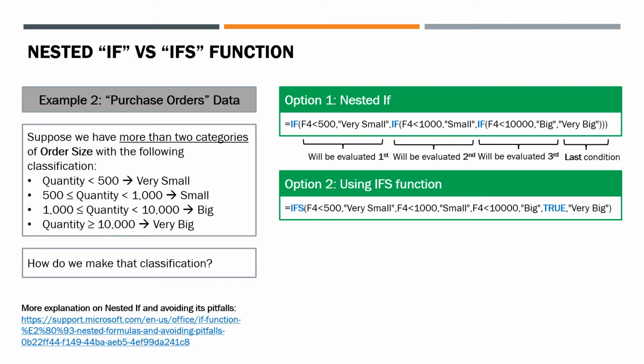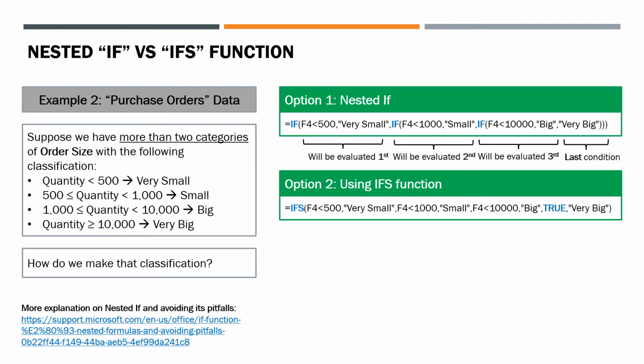And there is a simpler option by using the IFS function. If you use IFS, you do not need to write IF multiple times like this. You just write IFS at the very beginning of your formula, and you do not need to use IF again.